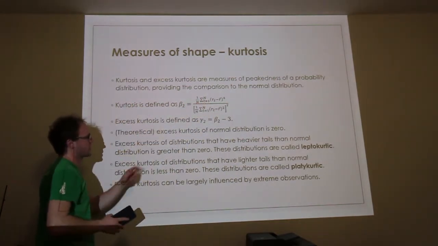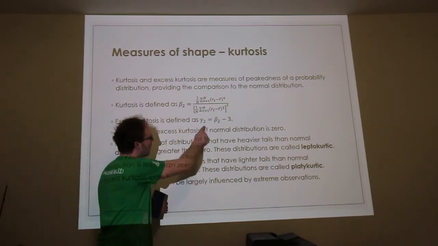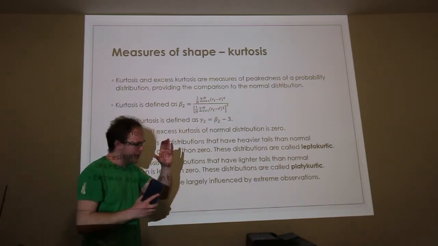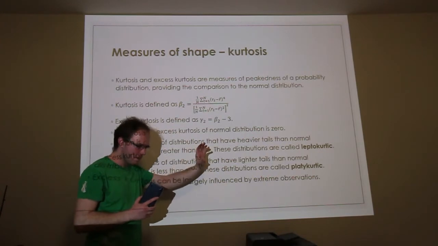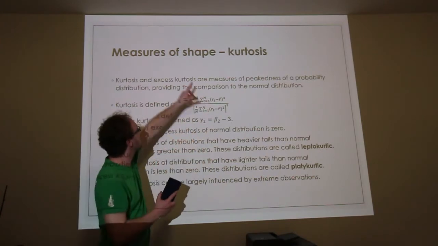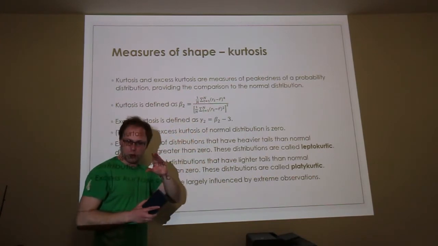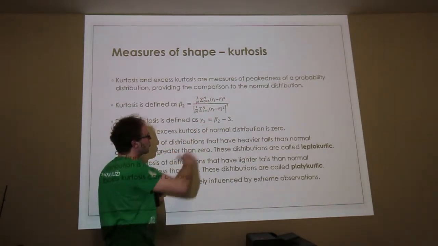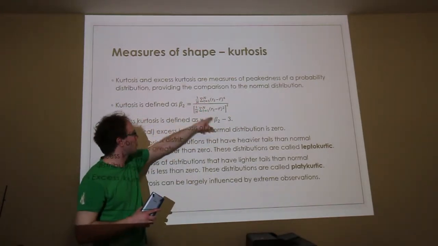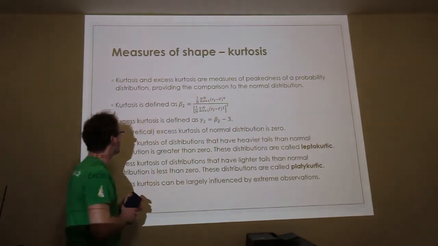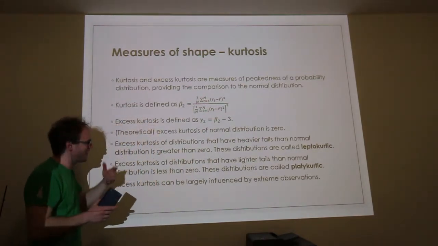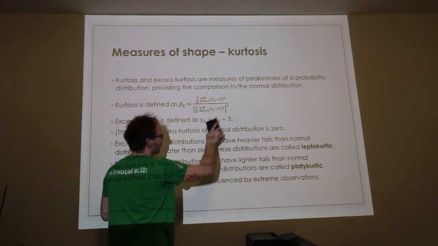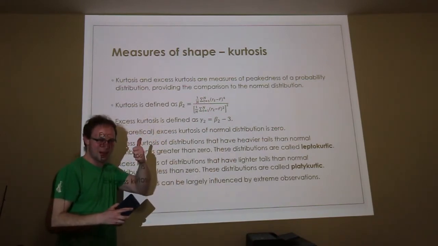Excess kurtosis is defined as gamma 2. This is the reason why we used gamma 1, and now we are using gamma 2 for the case of kurtosis. Gamma 1 was skewness, yes? Gamma 2 is calculated like this, beta 2 minus 3. You will see this part of the formula in the future one more time.